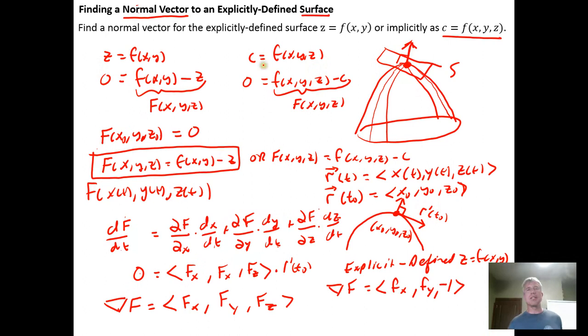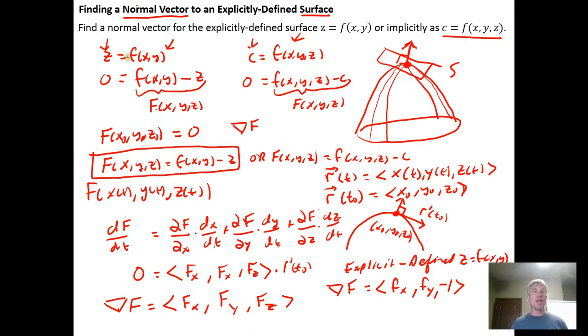So the idea is we always create a function big F by subtracting the relevant portion from both sides and getting the function big F equal to 0. The gradient of that big F is always perpendicular to the original surface.